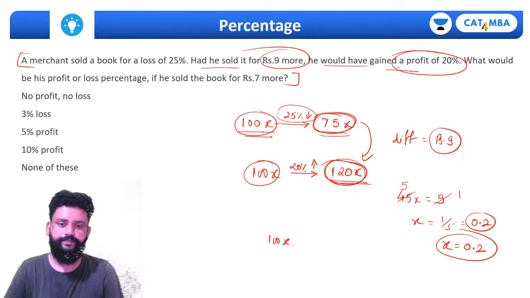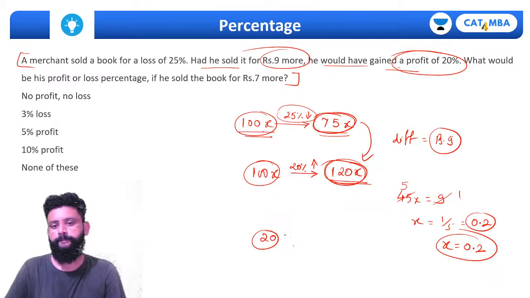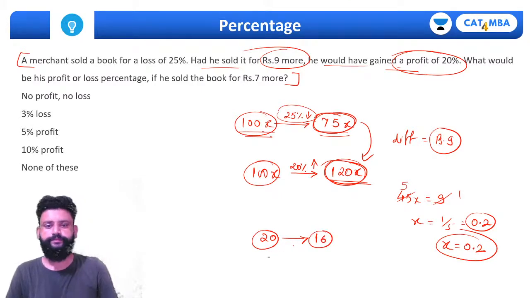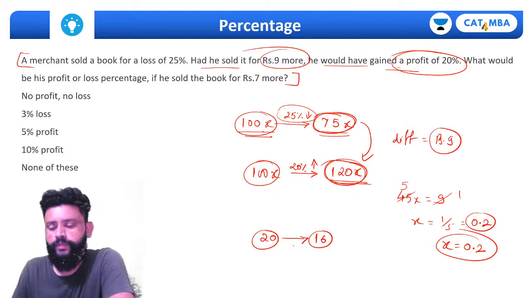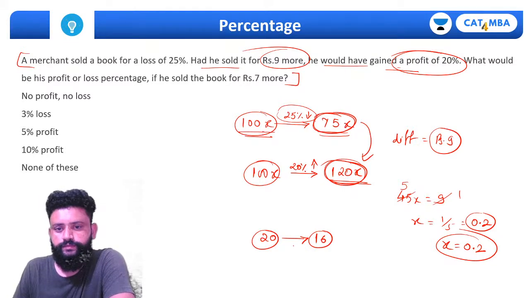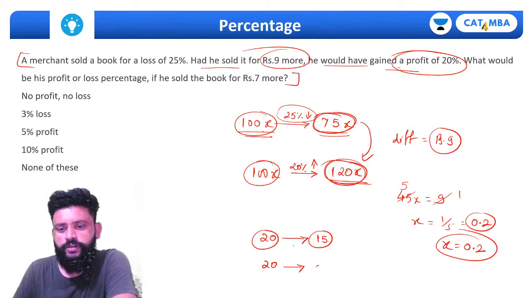So what is 100x? 100x will be 20 and 75x will be 15, and 120x will be 24. So here the difference is 9 rupees.